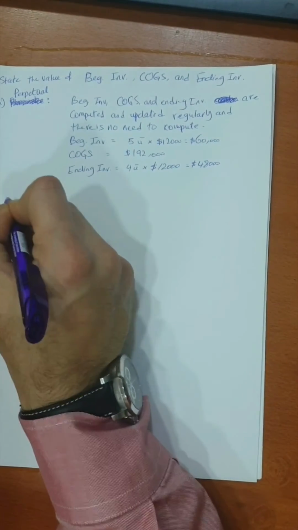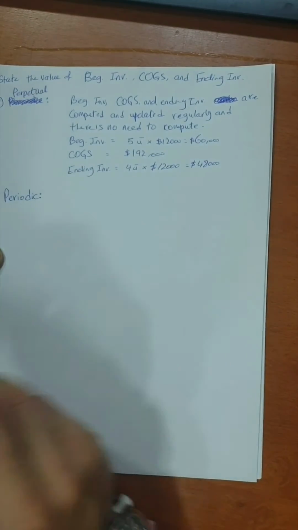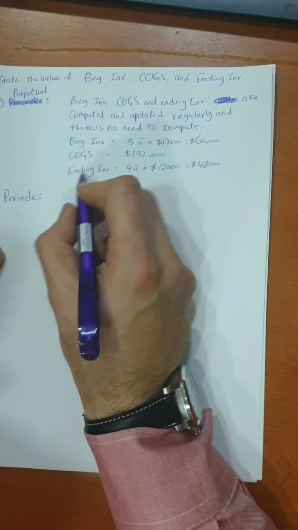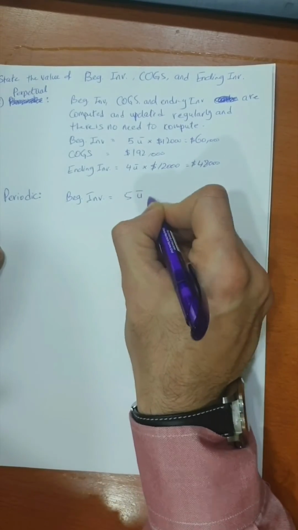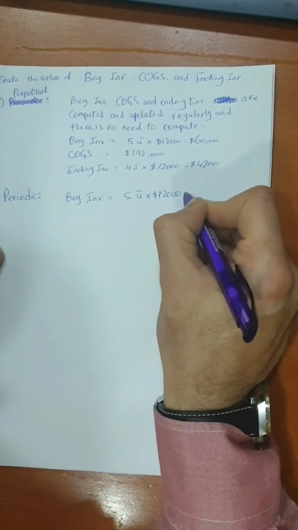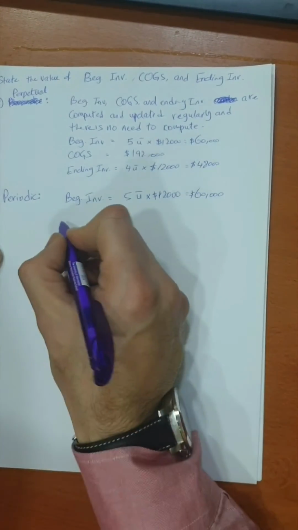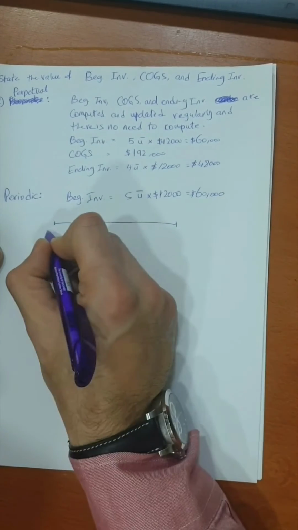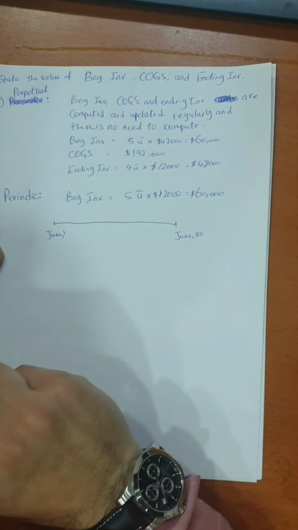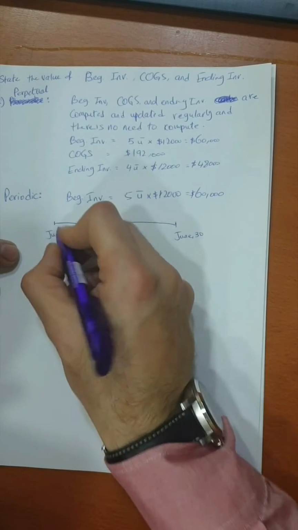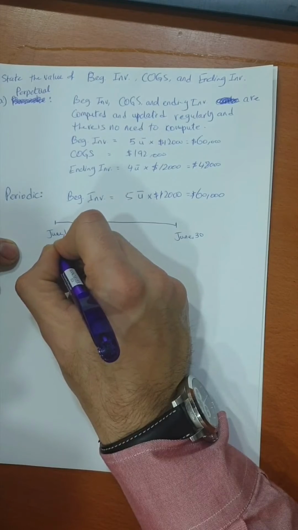Okay, now as for the periodic, in order to compute the cost of goods sold in the periodic, the beginning inventory is given, right? Beginning inventory is given at 5 units multiplied by $12,000, and this is 60,000. As for the cost of goods sold, you need to compute it. If this is a timeline, this is June 1, this is June 30. On June 1, you had 5 units.